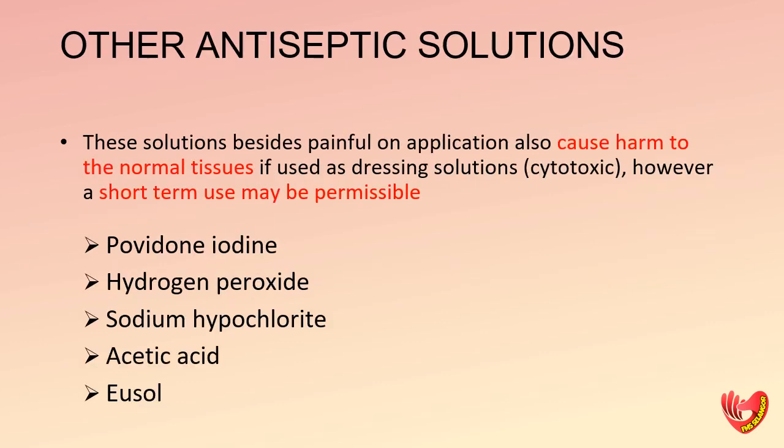There are other antiseptic solutions such as povidone iodine, hydrogen peroxide, sodium hypochlorite, acetic acid, and Eusol. These solutions, besides painful on application, it also can cause harm to the normal tissues. However, short-term use may be permissible.